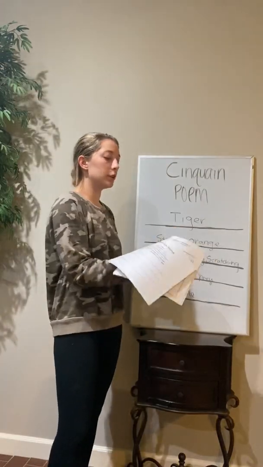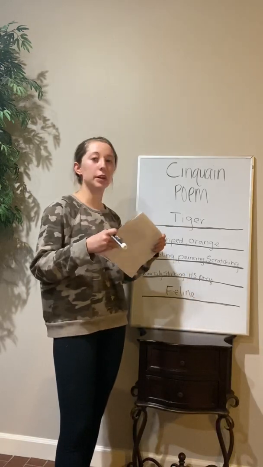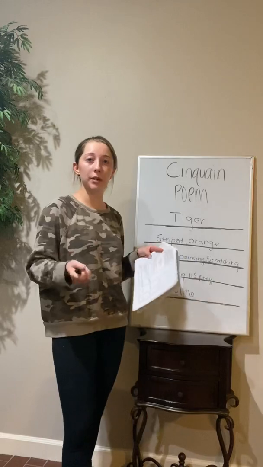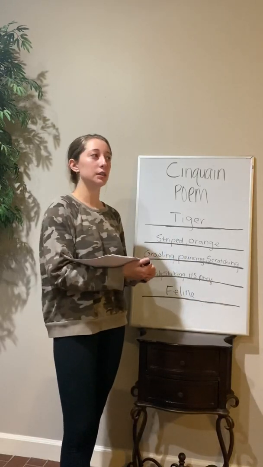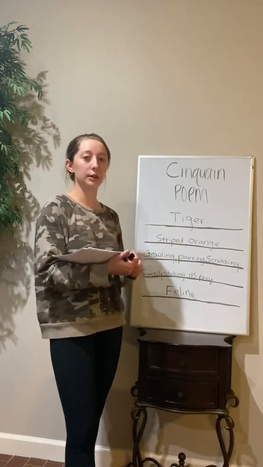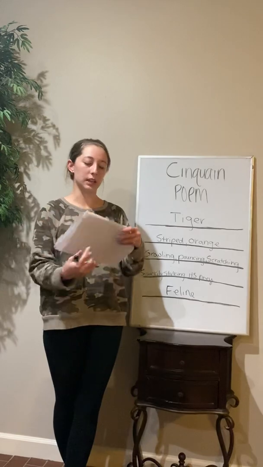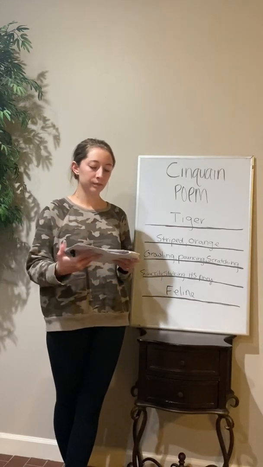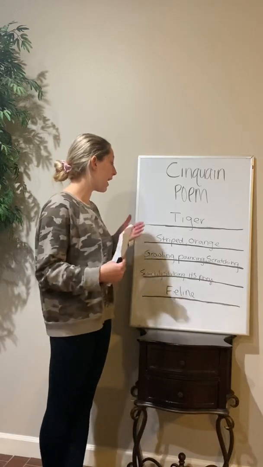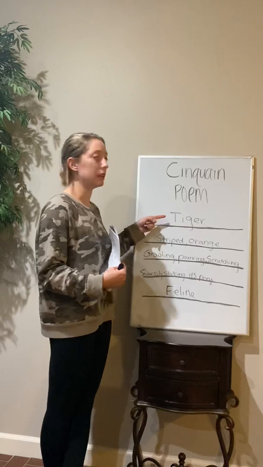Okay, so for closure today, we learned about cinquain poems, and what we do in cinquain poems is we describe a topic, such as we use tiger for today. We describe the topic. So this poem is used to describe something, and in this poem you use descriptive words. You use adjectives, action words, you use phrases, all to describe this one animal.